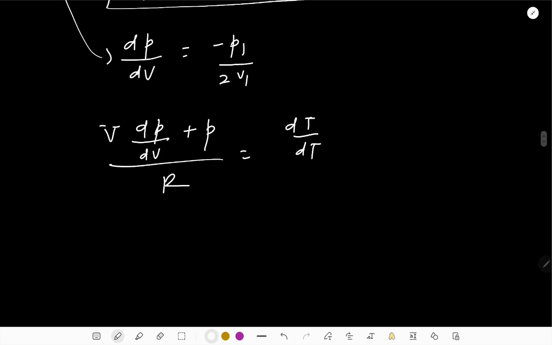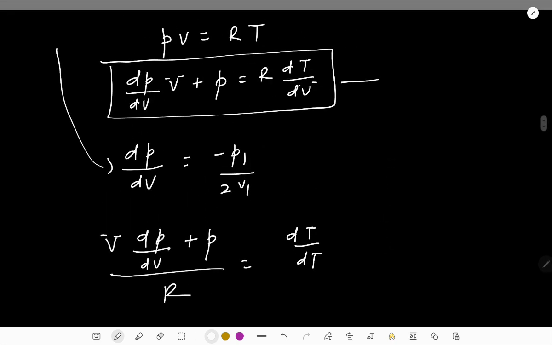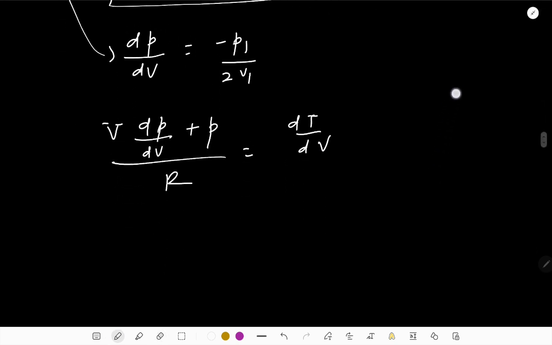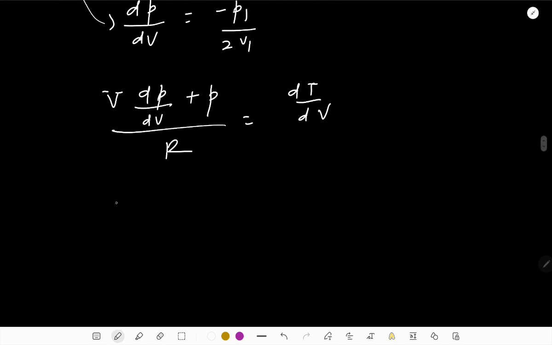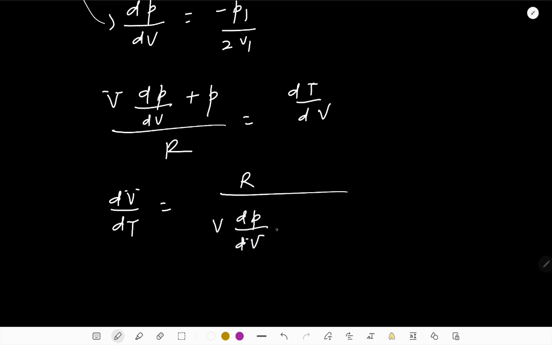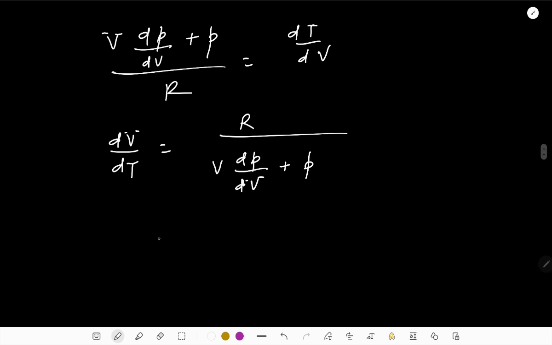That means dt upon dV, sorry, it is dt upon dV. So I can write dV upon dt, that was required to find, as R upon V dP by dV plus P, and I can put the values.